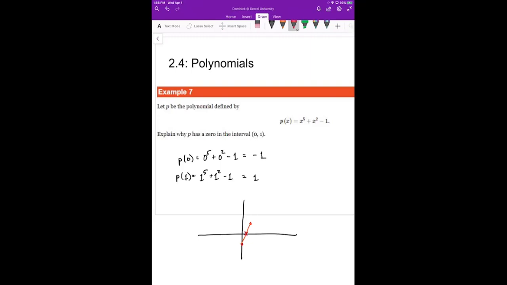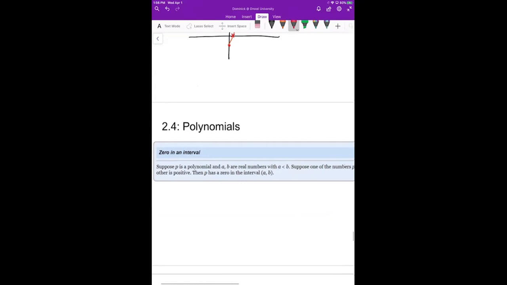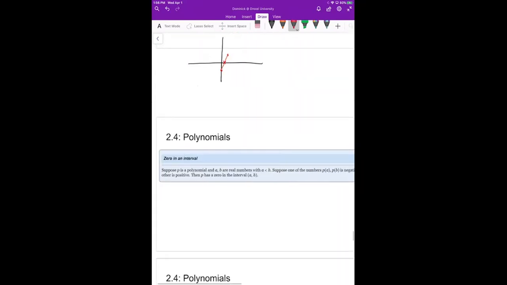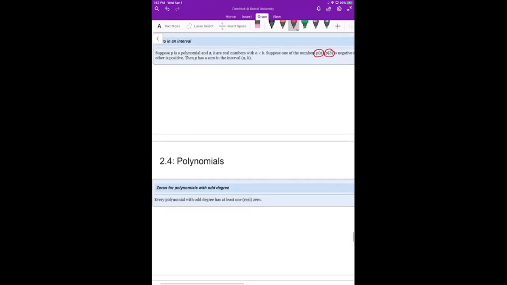So that's sort of the reasoning there, right? And this is typically called the intermediate value theorem, but this essentially says that if you have a polynomial and you know a spot where it's positive and a spot where it's negative, then that means that you had to have crossed 0 at some point between those two x values, right? So that's what we mean by that.